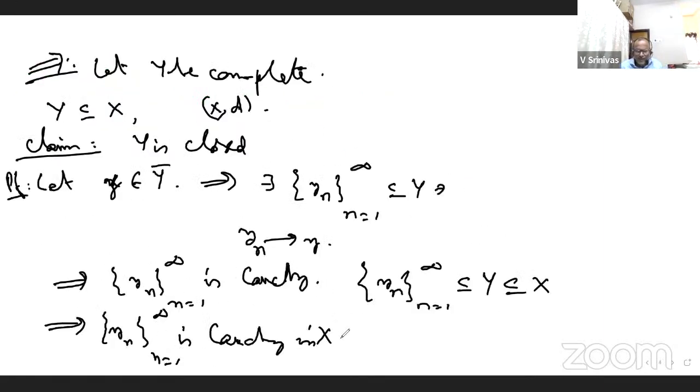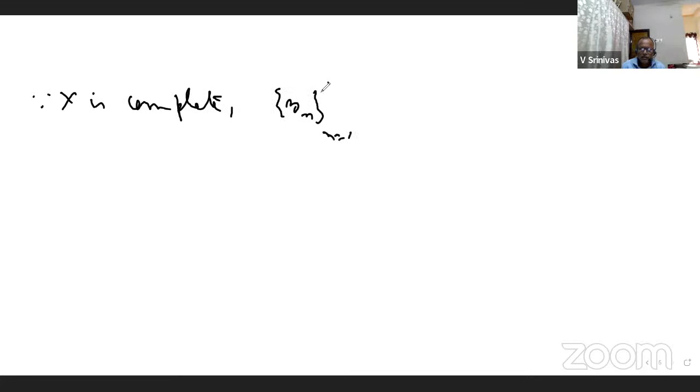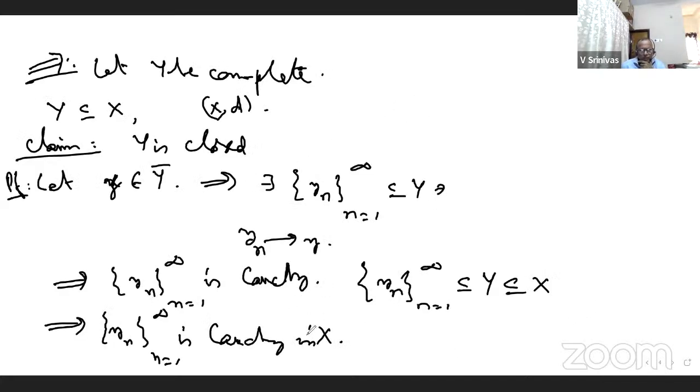This is a Cauchy sequence in X. Therefore, since X is complete, this Yn converges to some Y. Already we took that Yn is converging to Y.